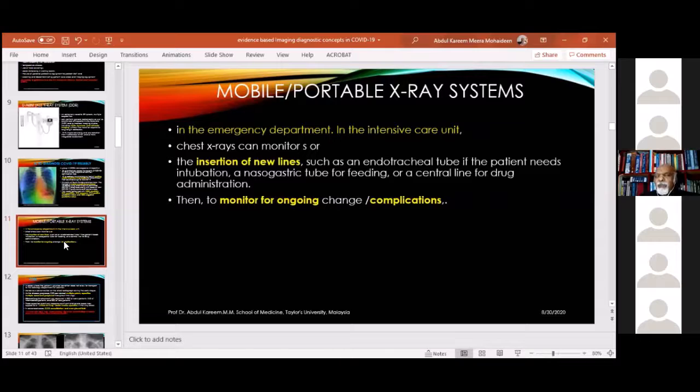The use of mobile and portable X-ray is great because the patients suffering from COVID, they cannot be transported easily to the radiology department. Because it will definitely contaminate on the ongoers and bypasses and all. So they have to be kept in that particular room, isolated room, and we have to go there.